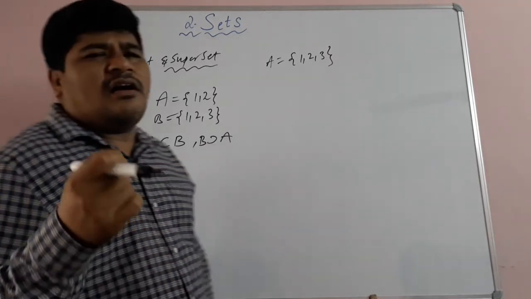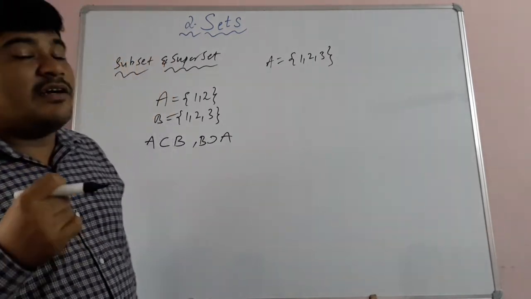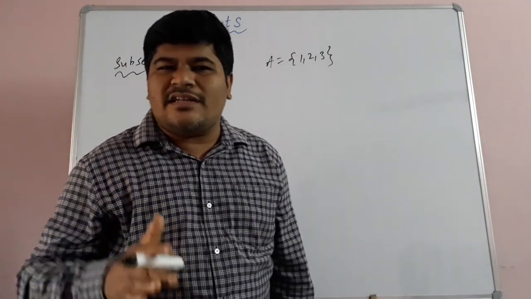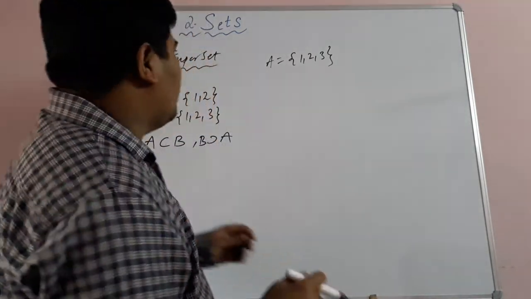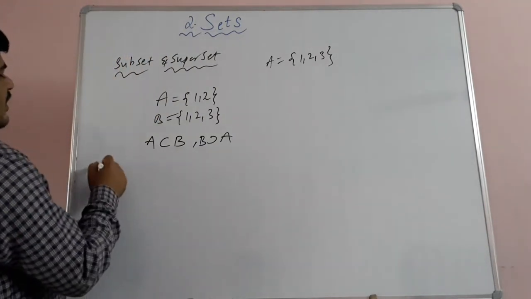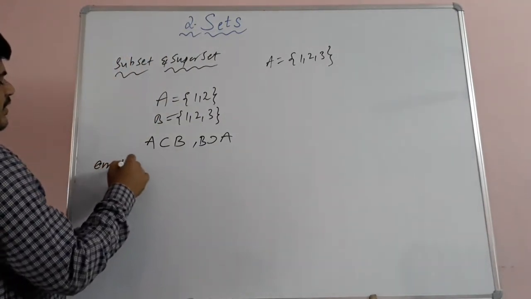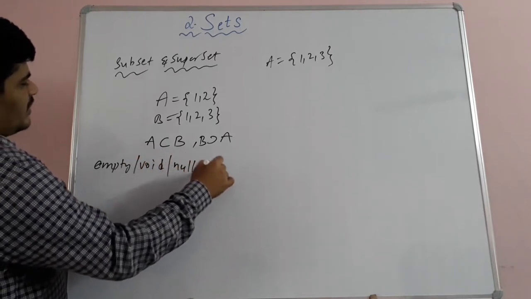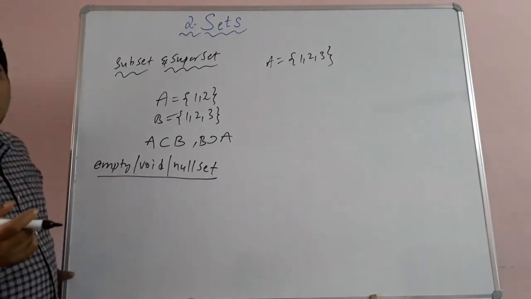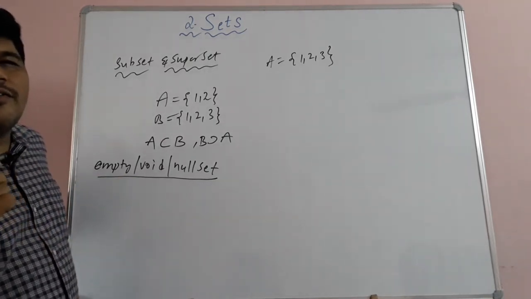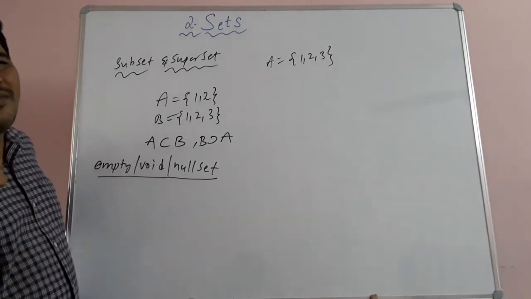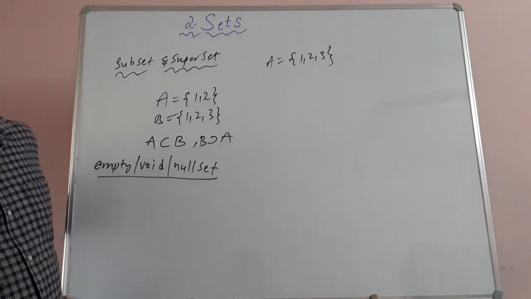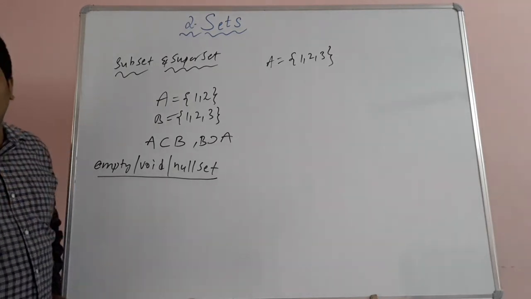So children, always the null set. What is a null set? The set with no elements is called a null set, or empty set, or void set. Suppose I ask you to write the set of even prime numbers greater than 2.